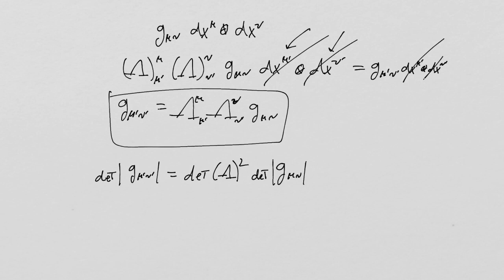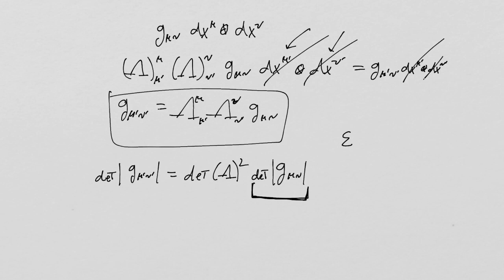So what we see from this is that the determinant of the metric tensor, which, by the way, is defined as, let's see, how is it defined?